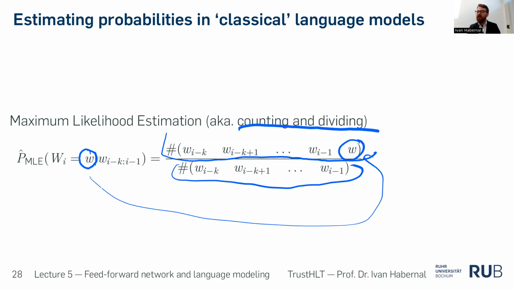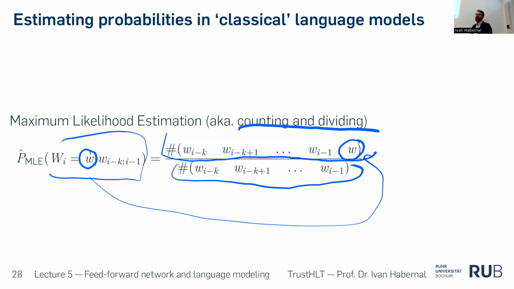And for many combinations of words, your probability will be 0, because you never see the combination of these words together. There are so many words, so many sentences, and it will be sparse. So most of these probabilities will be just 0.